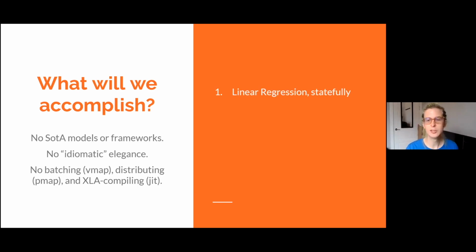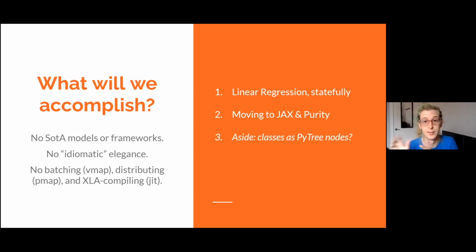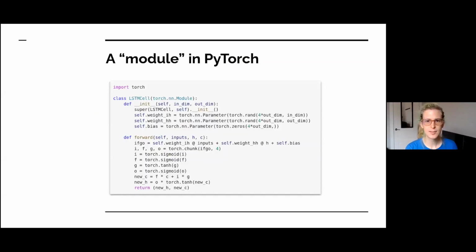What we are going to be doing is really taking a small example, in this case, linear regression, doing it statefully in PyTorch, and then being like, wow, how do we transfer this when we move to JAX and try to be pure? We'll have a little aside. It's like, oh, this is another way you could do it that hasn't really panned out. And then basically build up what these frameworks that we see are doing. Let's get right into it.